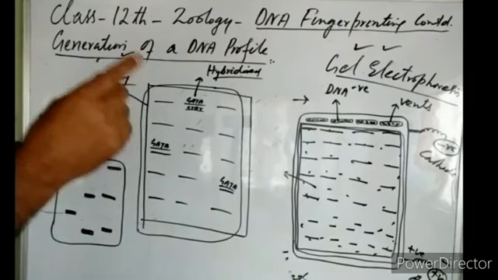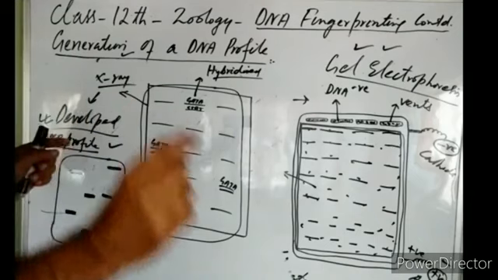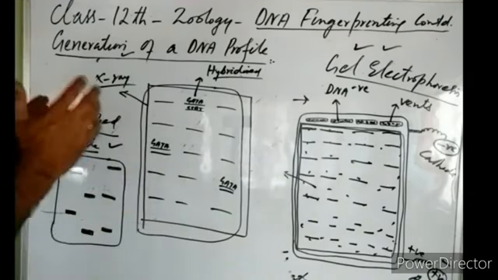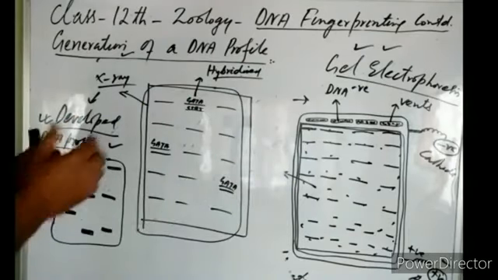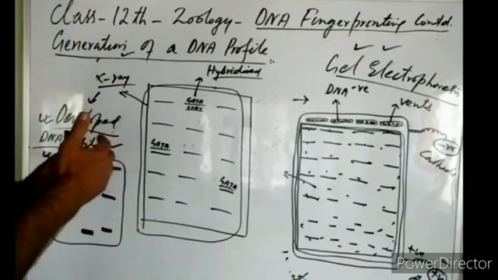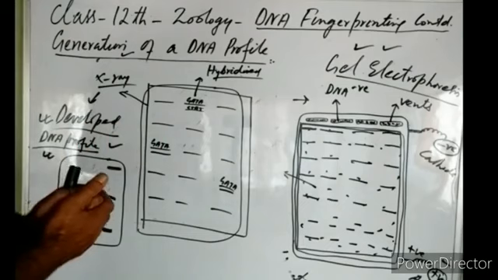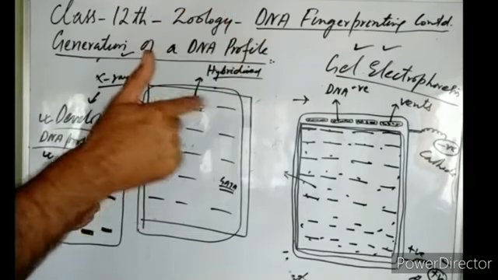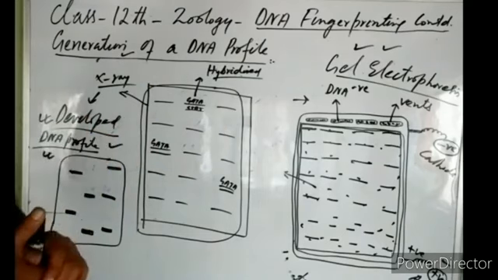The profile of the suspect which matches the profile of the DNA obtained from the crime scene indicates that this suspect is the actual criminal. He has committed the crime, right? The others whose DNA profile does not match the crime scene DNA profile are set free, right? So in this way, criminals can be caught by DNA fingerprinting.